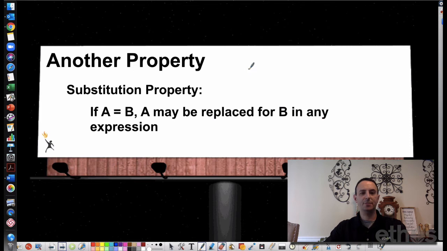If I have x plus y, and I know that x is equal to 3 and y is equal to 8, I can replace this x with 3, and I can replace this y with 8, all leading me to the ability to say 3 plus 8 is 11, and simplify that expression.